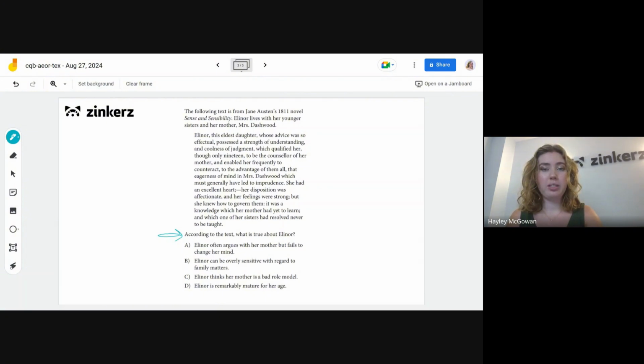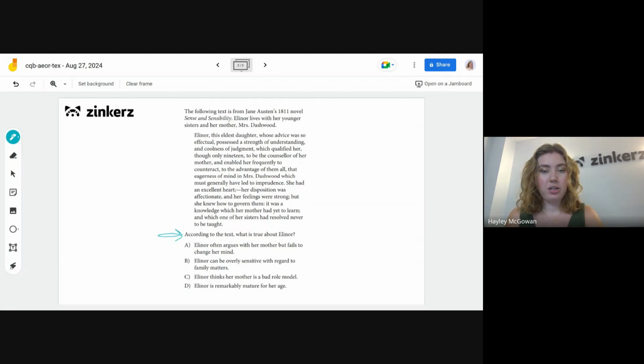We are told that this is from Jane Austen's novel Sense and Sensibility, and that Eleanor lives with her younger sisters and her mother, Mrs. Dashwood. So Eleanor, this eldest daughter, whose advice was so effectual, possessed a strength of understanding and coolness of judgment which qualified her, though only 19, to be the counselor of her mother, and enabled her frequently to counteract, to the advantage of them all, that eagerness of mind in Mrs. Dashwood which must generally have led to imprudence.